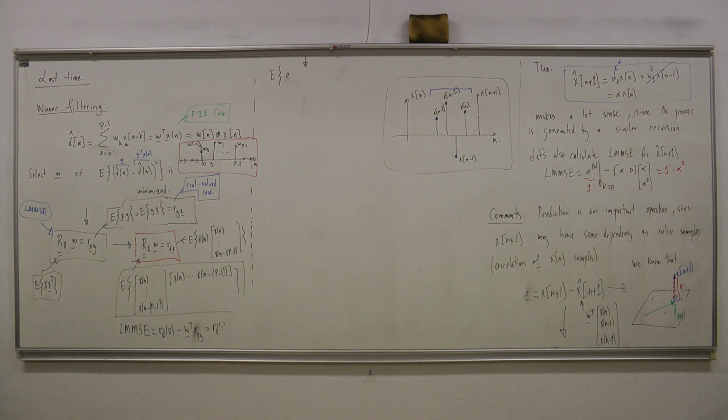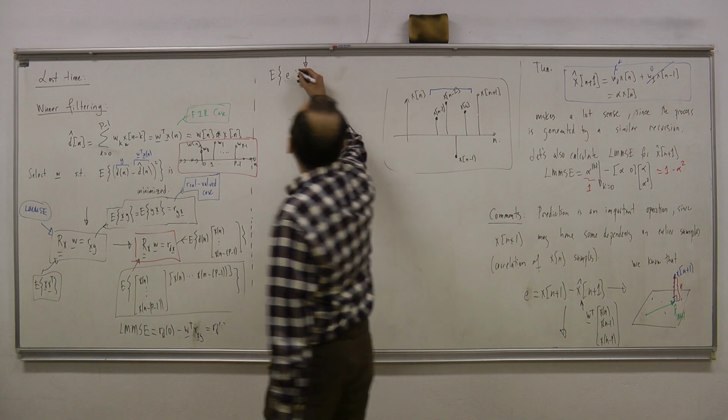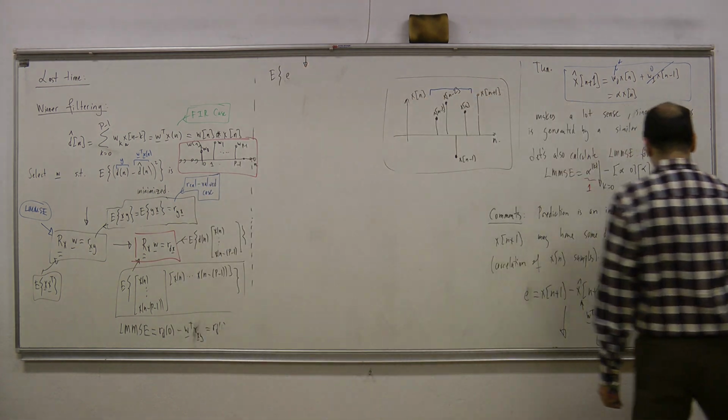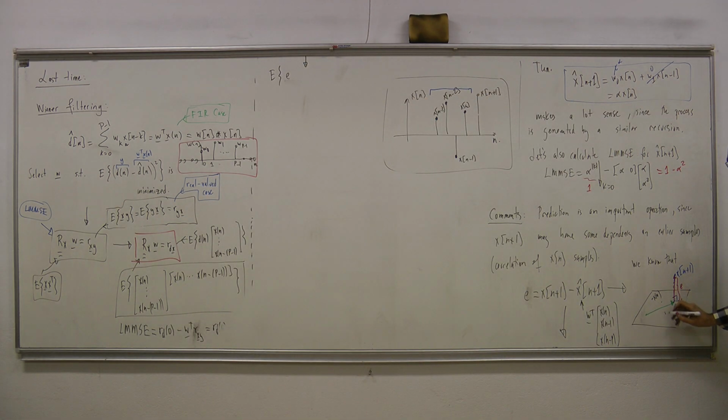It's using p plus 1 samples in the history. This is x of n, this is x of n minus 1, and the last one is over here, x of n minus p. So this is the span of p plus 1 elements, what we essentially call vectors, but these are random variables.